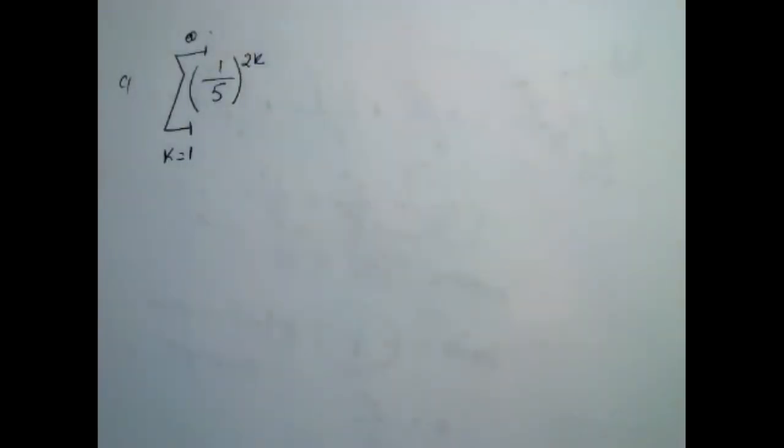So that's my sum. I want you to find the ratio in this sum. My advice to you, write the first few terms, then you can see the pattern much better. Find the ratio, and then tell me, does the series converge or not? I give you a minute to do that.